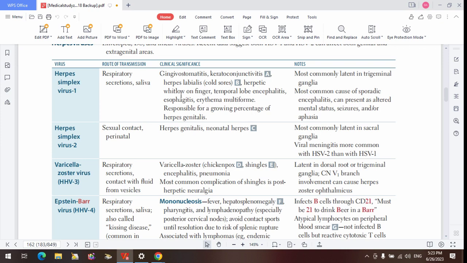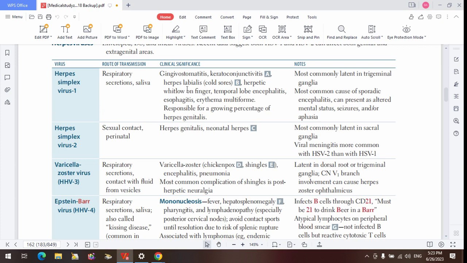Okay, so let me just quickly talk about herpes labialis. Herpes labialis is you having these painful vesicles within the vermilion border. You know that there's a border between the lips and the surrounding skin. You remember that thin line? At that region, you have the vesicles, and that's what we call herpes labialis.